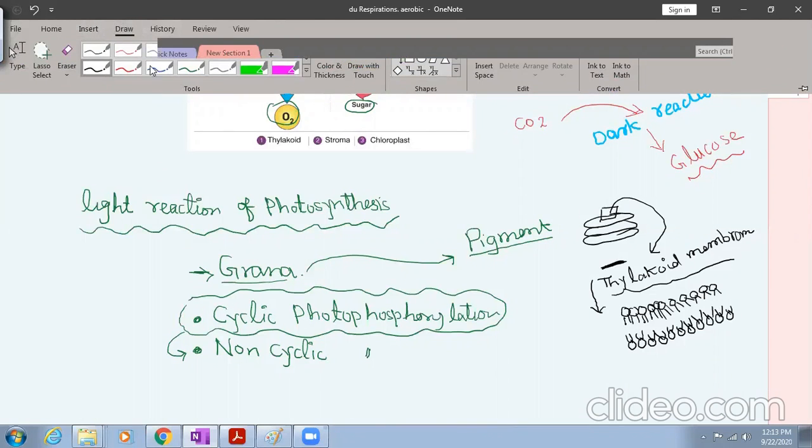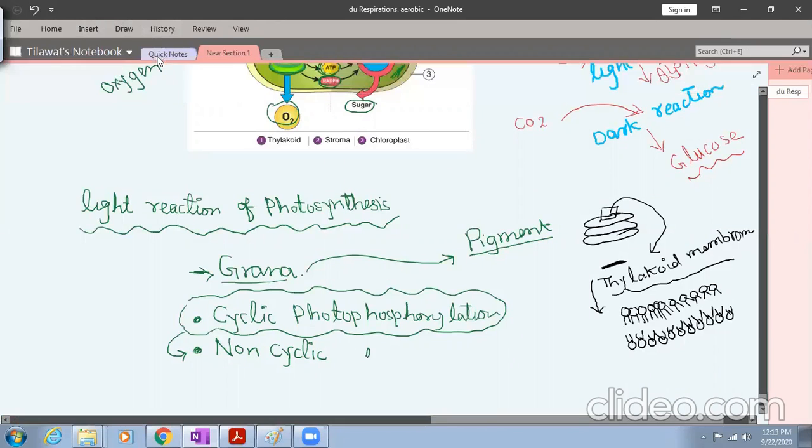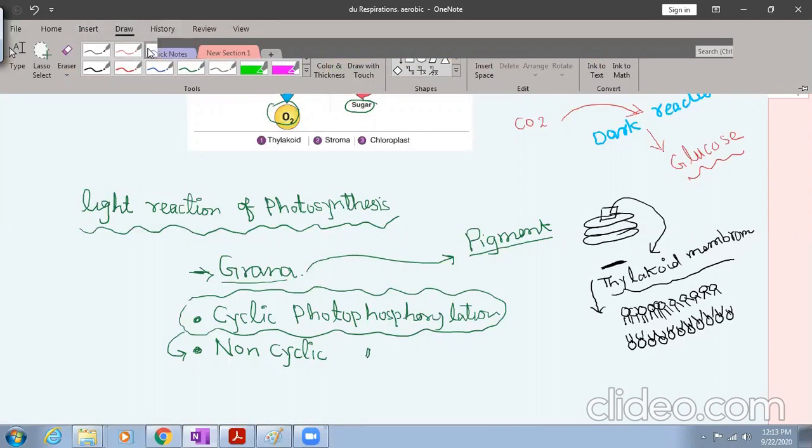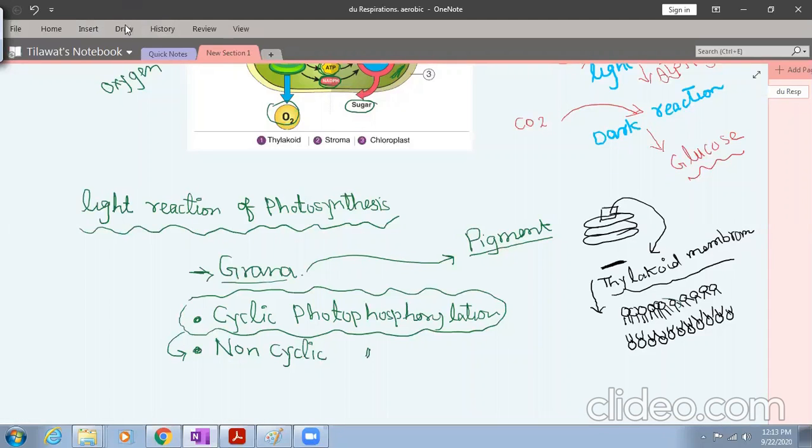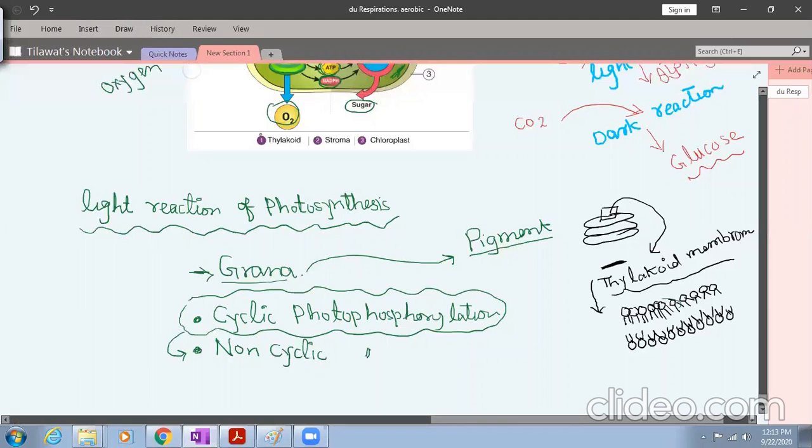I will draw it here: the pigment is present in this form within this thylakoid membrane, like this.